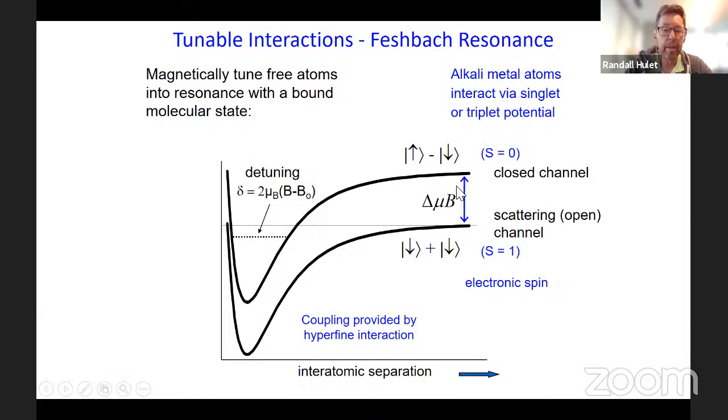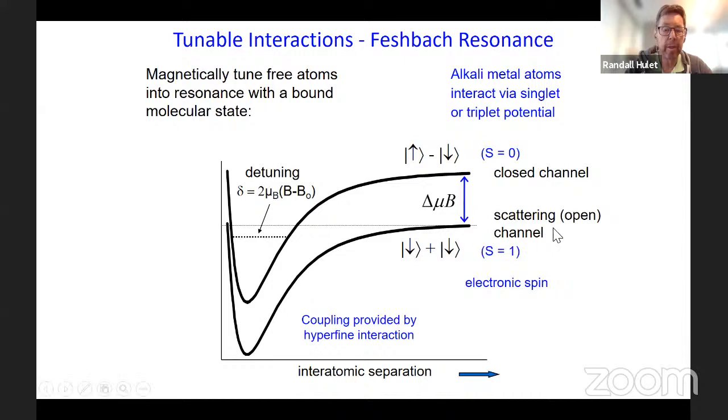And so one, in fact, can use a magnetic field to tune the energy difference between these two potentials by just Zeeman splitting them. And so, in fact, it's possible to tune a bound state of the singlet channel into resonance with the scattering energy of the incoming atoms.